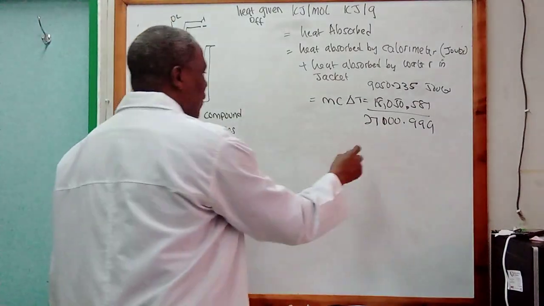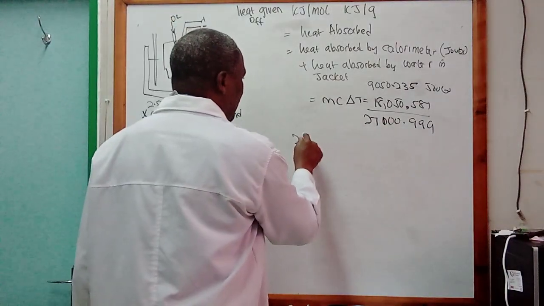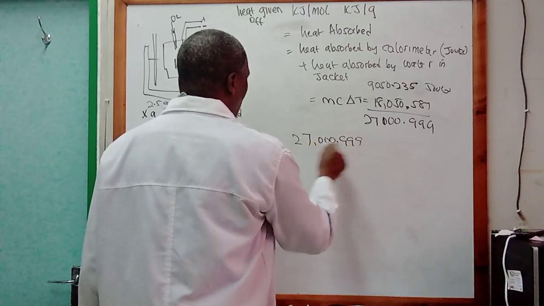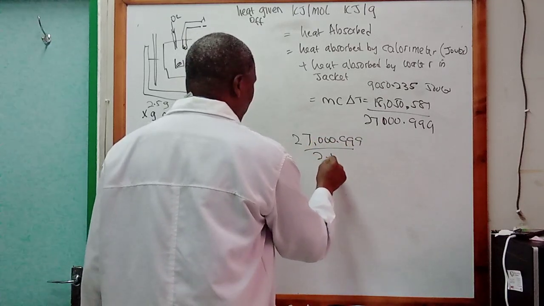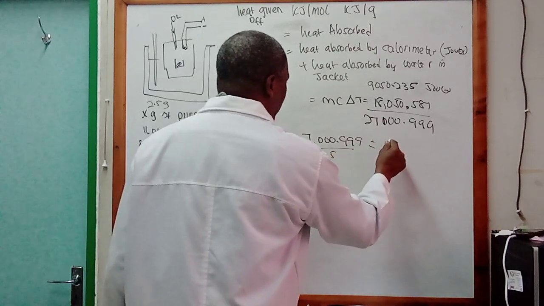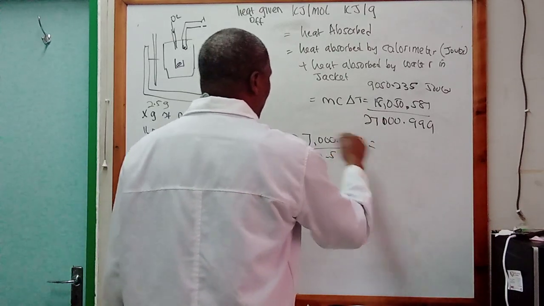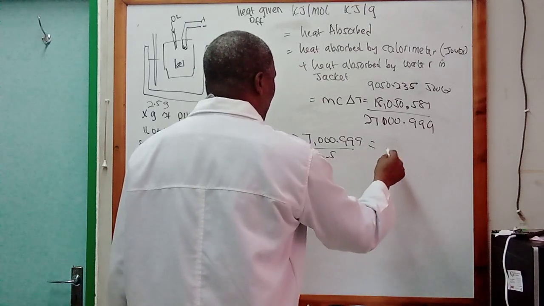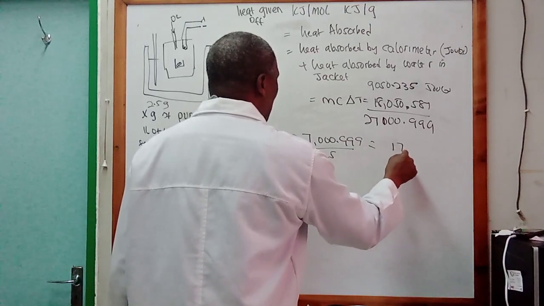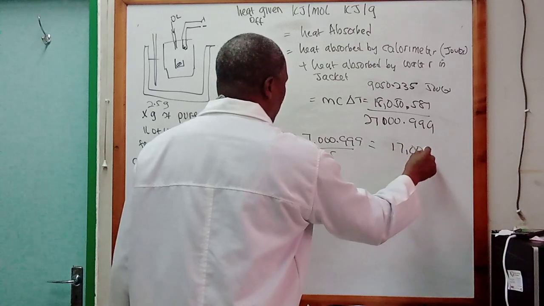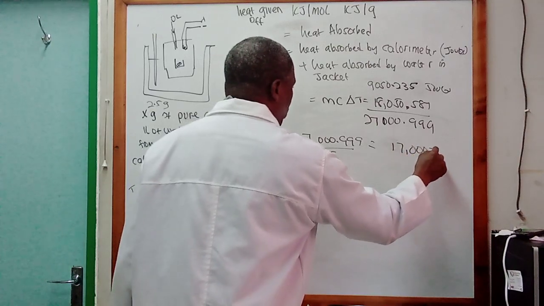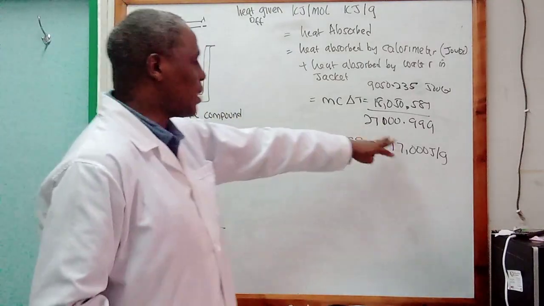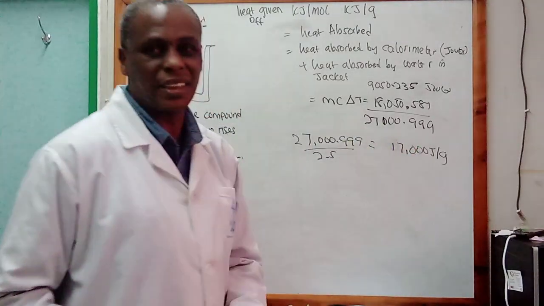So if I get something like 27,000.999 over the 2.5, it will be the energy, 27 whatever it is. It may be something like, I'm just giving an example, maybe 17,000 joules per gram. You understand? I'm just trying to give an example, whatever it is with the decimal.